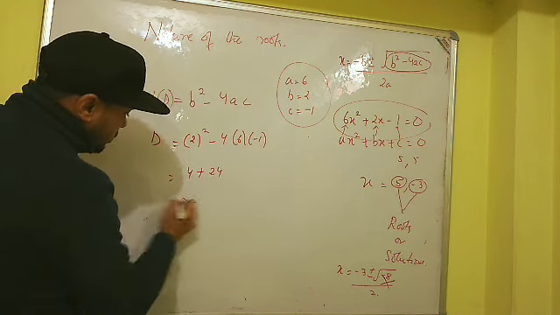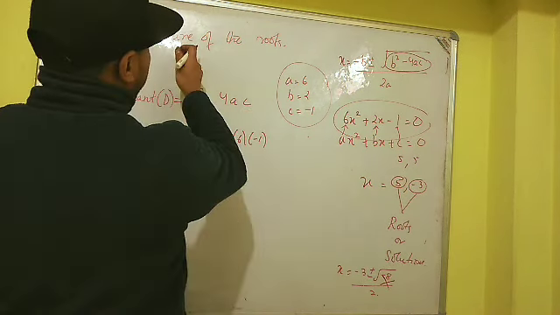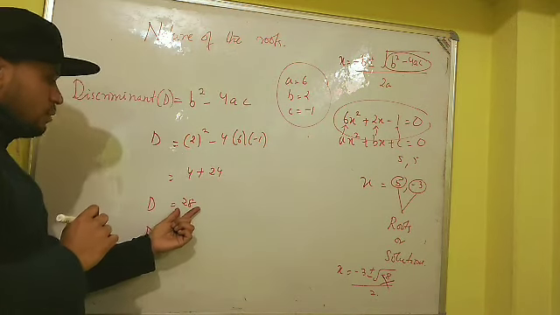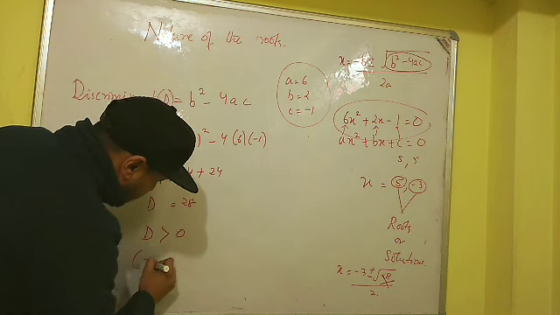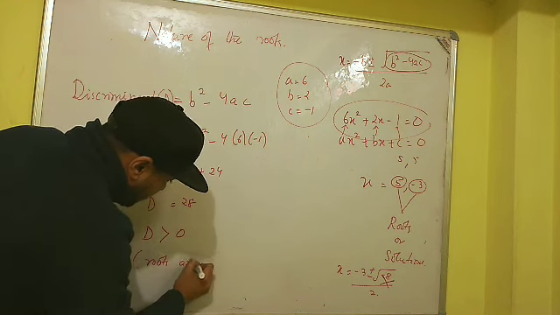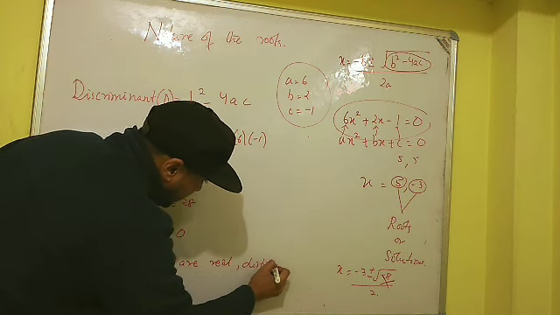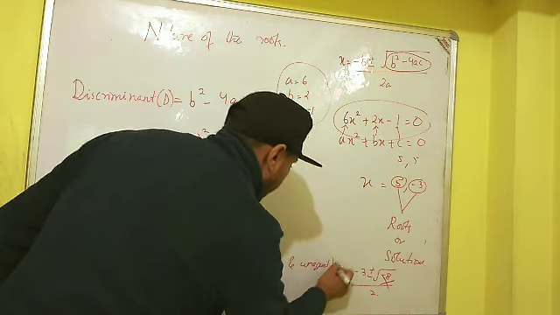So this is 28. This is not the answer, we are just checking the nature of the roots. So D is equal to 28, meaning D is greater than 0. So what are the roots? Roots are real, distinct, and unequal.